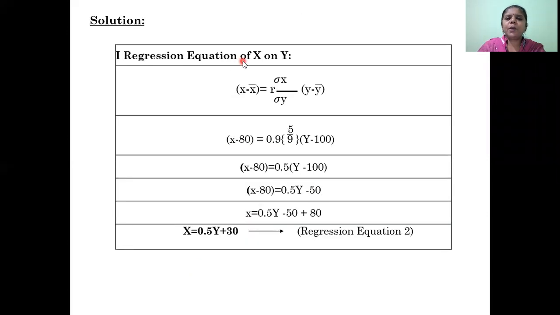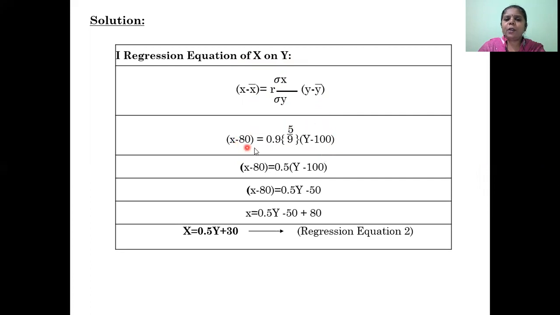Regression equation x on y is x minus x mean is equal to correlation times standard deviation x divided by standard deviation y, times y minus y mean. Here x mean is 80, correlation is 0.9, standard deviation x is 5, standard deviation y is 9, and y mean is 100.